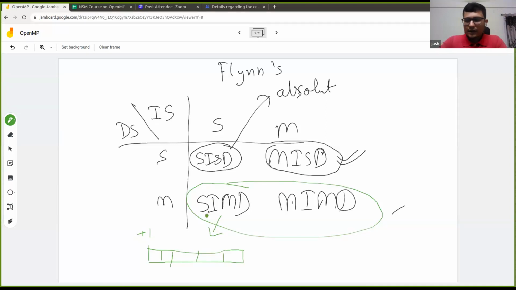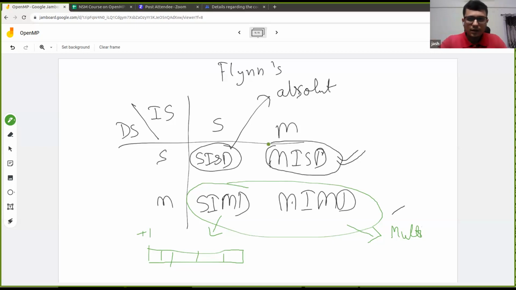So vector processors are examples of SIMD systems. Coming to MIMD, the multi-core CPUs or multi-core systems that we talked about are examples of MIMD, because you can execute multiple instructions on multiple sets of data.